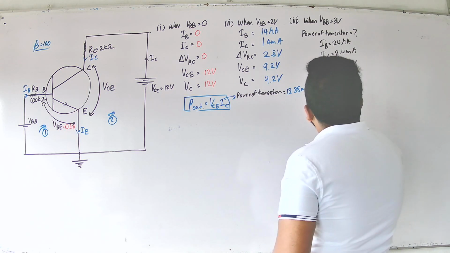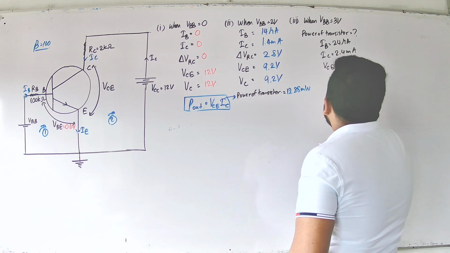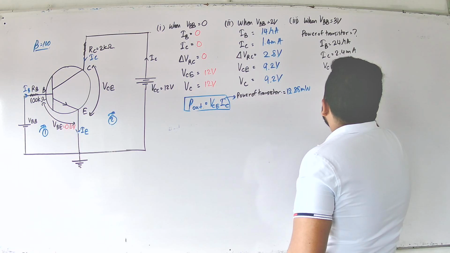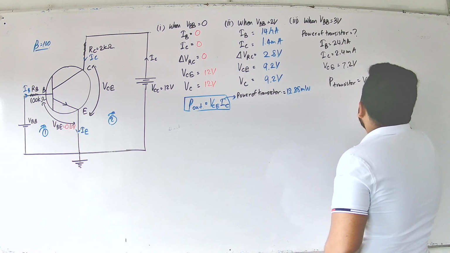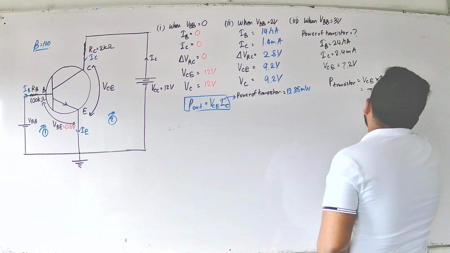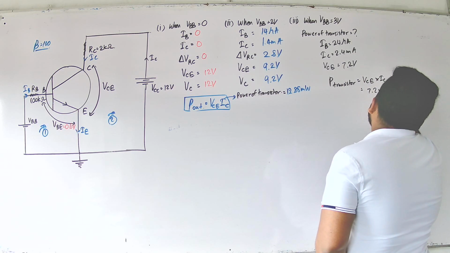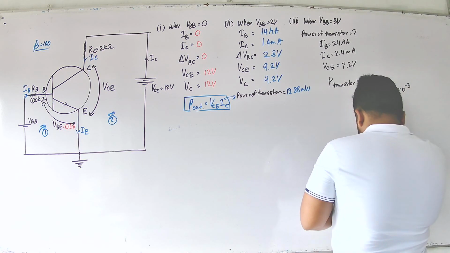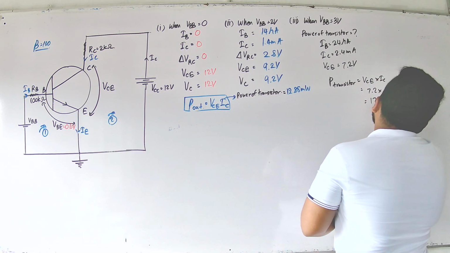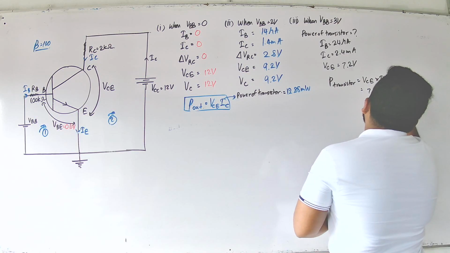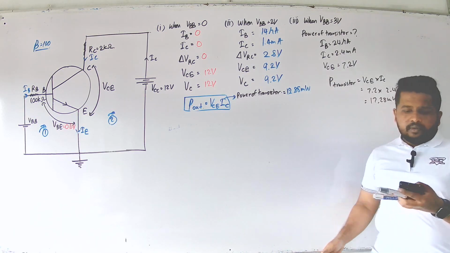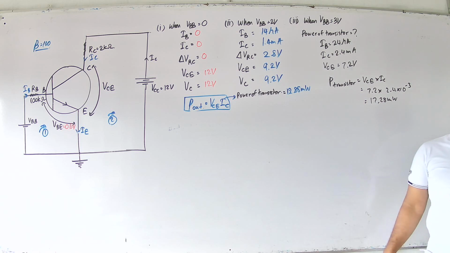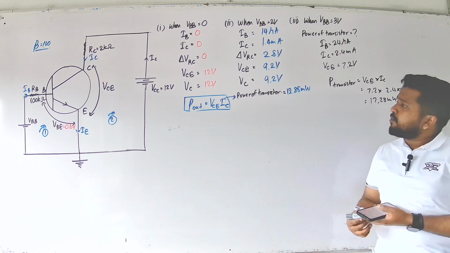So the power of the transistor is VCE into IC, that means 7.2 into 2.4 × 10^-3, which is 17.28 milliwatt. Right. So that finishes number 3.